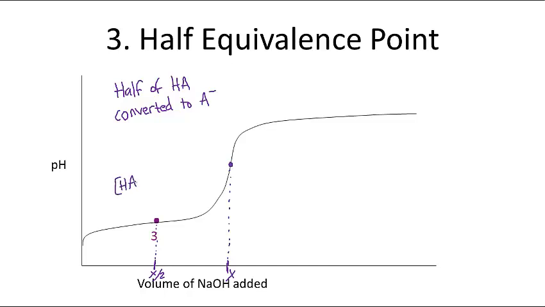So the concentration of HA equals the concentration of A minus. And when that is true, the pH equals the pKa. So in analyzing a titration curve, if you find the half equivalence point, it will tell you the pKa of the acid you're analyzing. So this is a good, reliable way to measure pKa's.